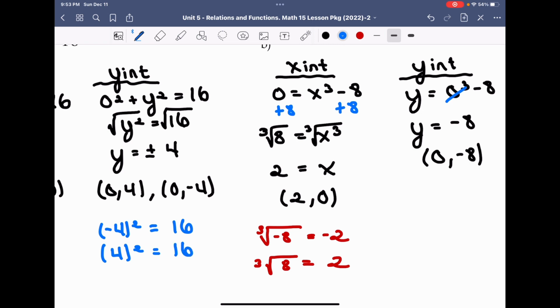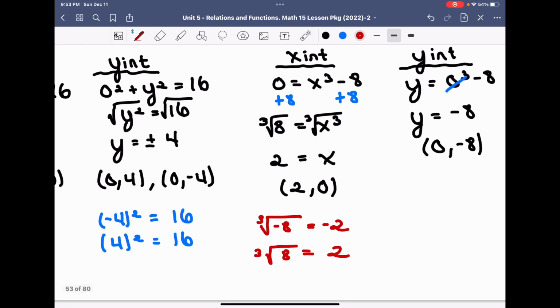Whereas if I cube a number, let's say I cube negative 2, this will equal negative 8. If I cube positive 2, it's equal to 8. And yet again, distinct terms. So plus minus for square rooting, individual values for cube rooting.